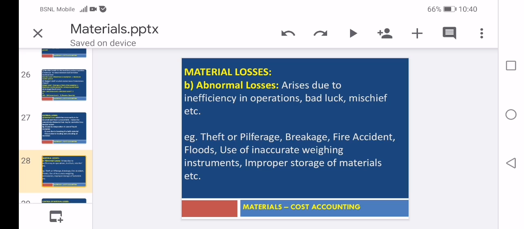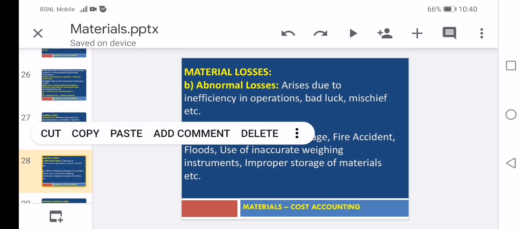Sometimes abnormal loss may happen because of natural calamity or some other problem in the form of bad luck or unexpected things. Examples: theft and pilferage, breakage, fire accident, floods, usage of inaccurate weighing instruments, improper storage of materials, etc. All these are again categorized into 2 parts. Some of them are human errors and some of them are bad luck or calamities.